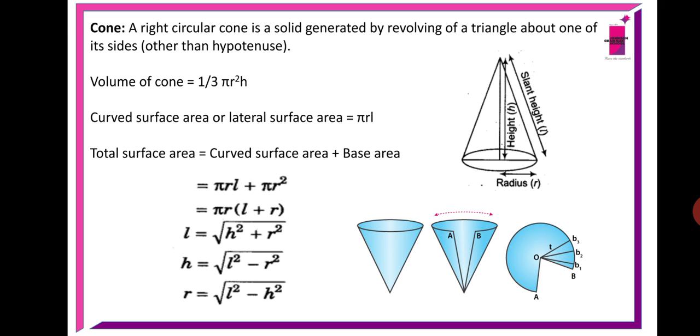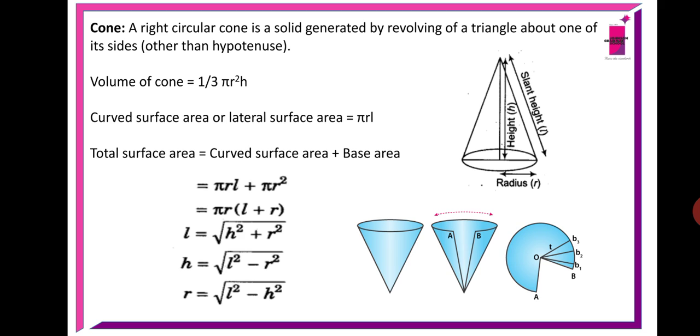If the slant height, height or radius, any one of them is not given, you can calculate it using the Pythagoras theorem, because the combination of height, radius and slant height forms a right triangle, where the slant height is the hypotenuse.